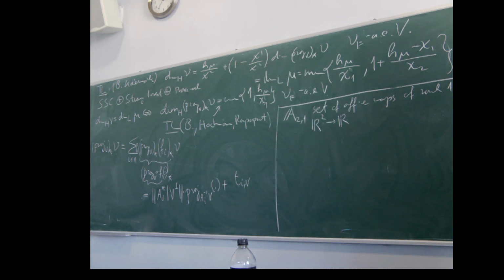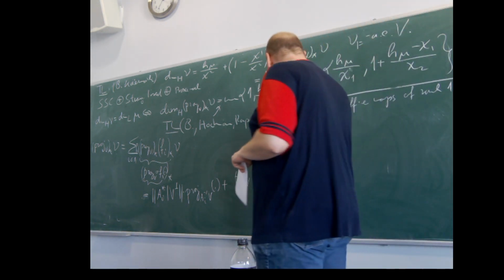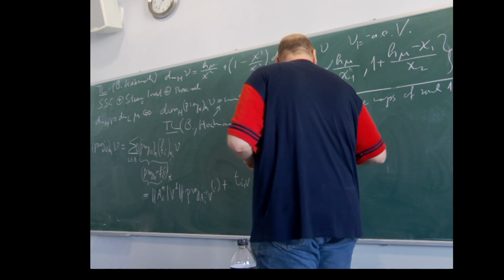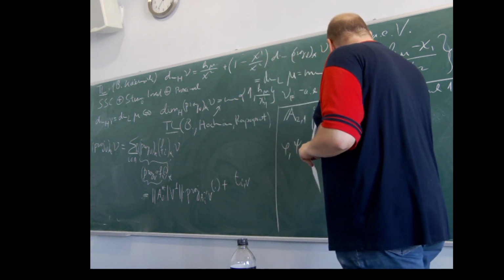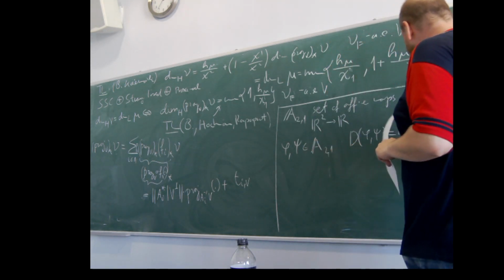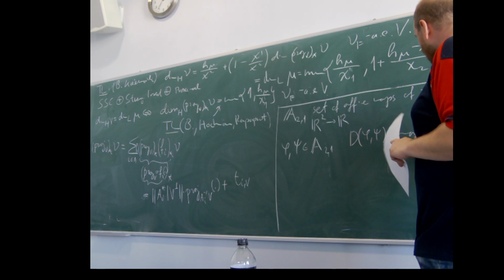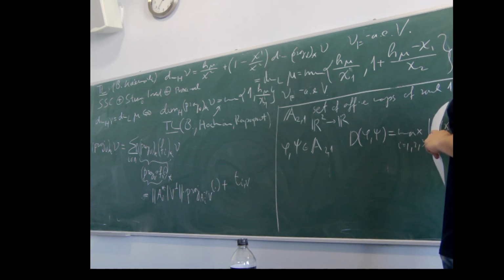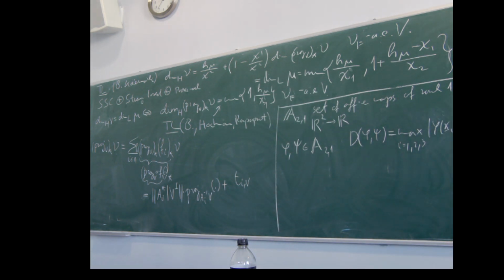I want a distance on them, so if I have two elements, phi and psi, I define the distance by taking the maximum over 3 points xi of the distances of phi(xi) and psi(xi).